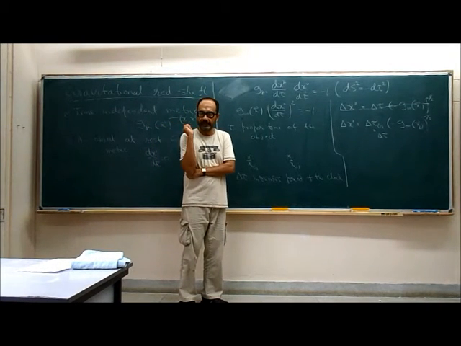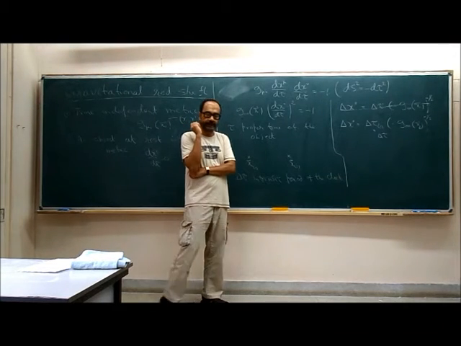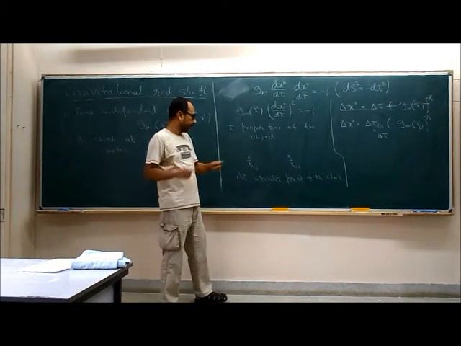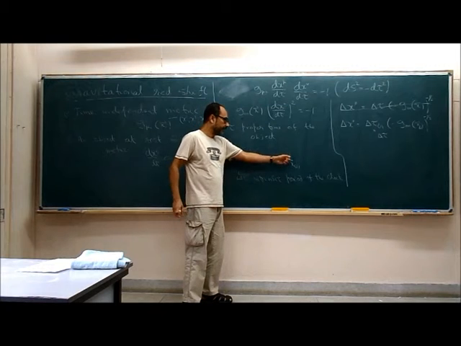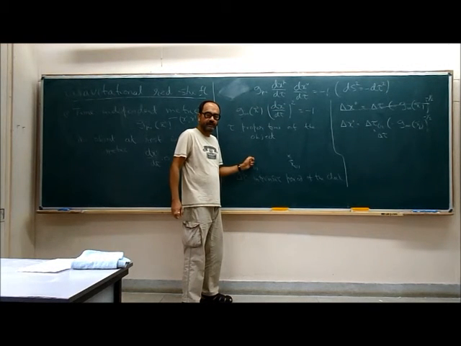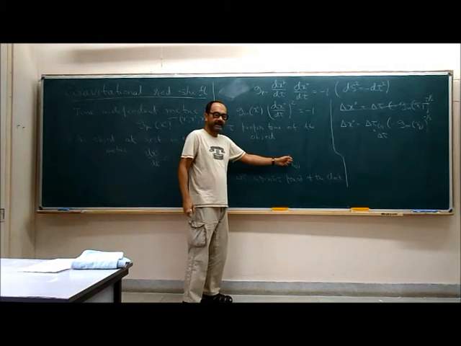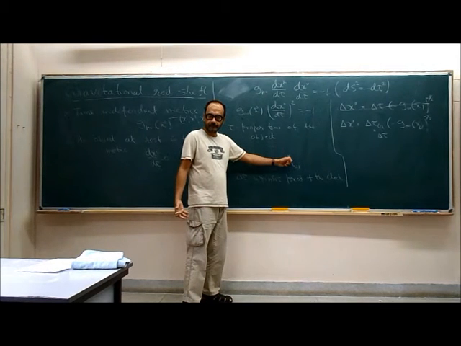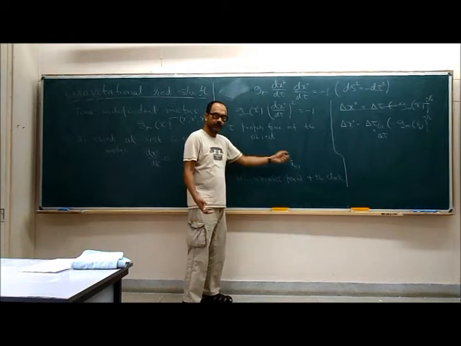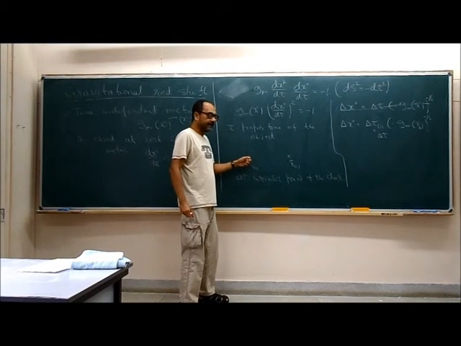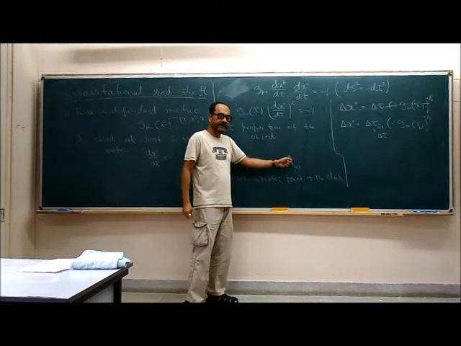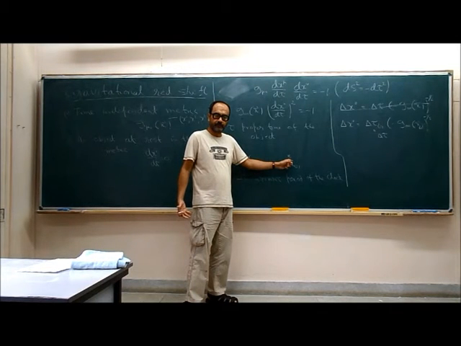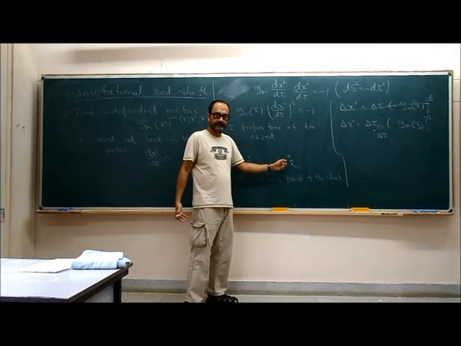You can solve for that equation, but it's not relevant here because all you are trying to argue is that the first signal, if it's emitted at a point x1 at time x0, will reach here at a time x0 prime, which is x0 plus some interval that you can calculate in principle. But the second signal will reach exactly after the same amount of time, because the background is static. Is this clear?